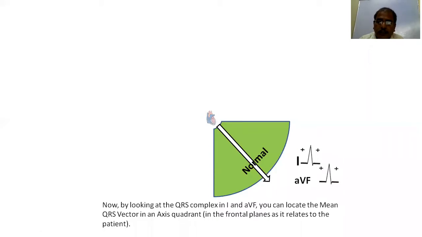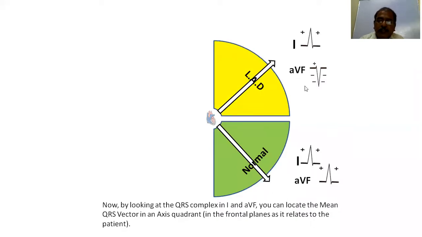So that is your normal. Now if the QRS in lead 1 is positive and QRS in AVF is negative, then it will be your left axis deviation, and this is in the upper half of the left quadrant.